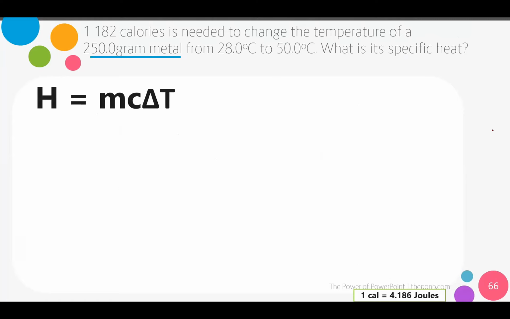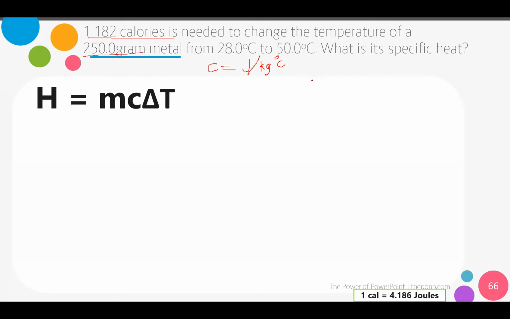Okay, but since our heat transfer is in joules, okay, so since yung SI unit ng ating C is in joules per kilogram degree Celsius, so first we need to convert our heat, which is in calories, to joules, and our mass, which is in gram, into kilogram.